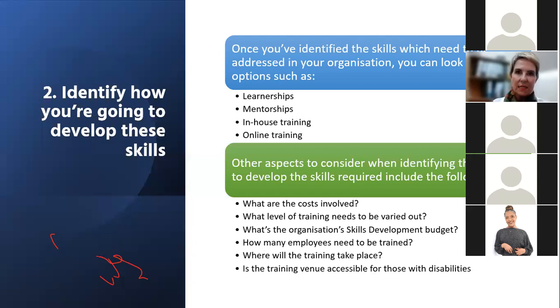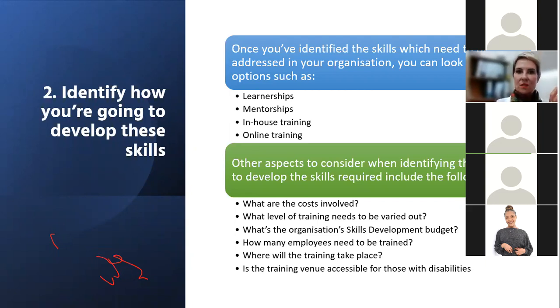Then also take into consideration the costs involved in implementing these programs. Look at what level this training needs to be presented or run, and who the delegates are that you are going to identify. I usually say, look at your employed workers.